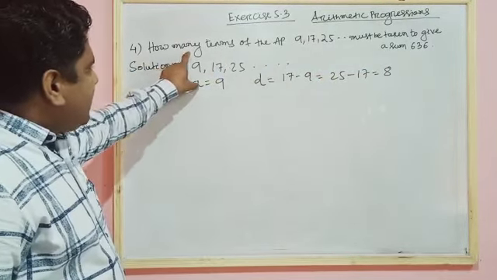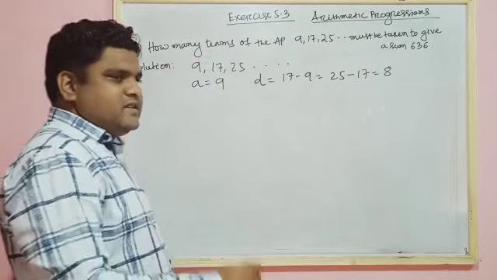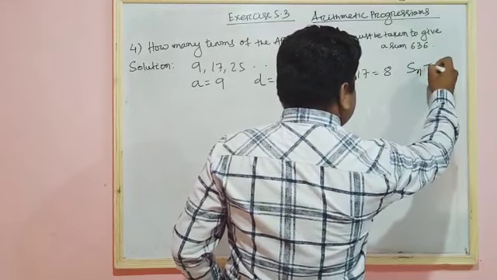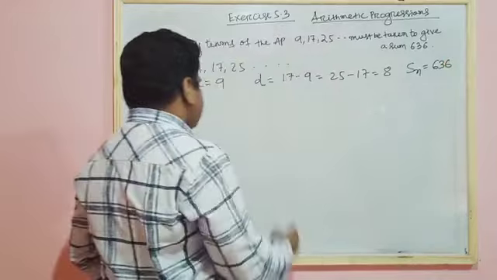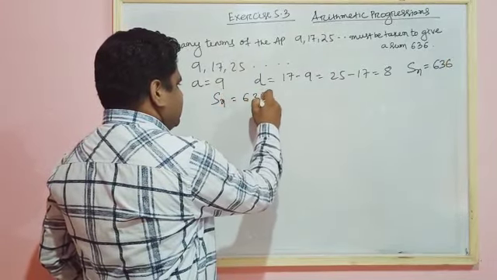Question is how many terms of the AP must be taken to give a sum 636. So the sum of n terms is 636. So Sn equal to 636.